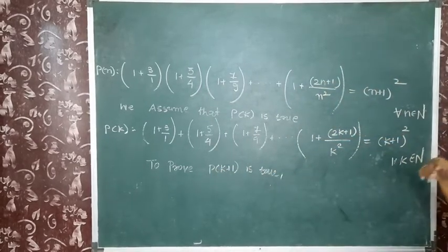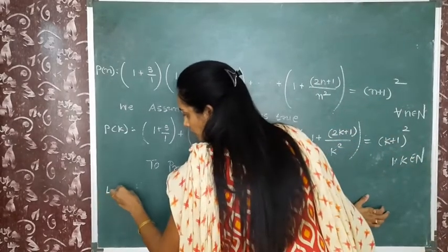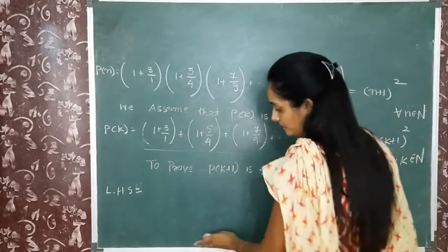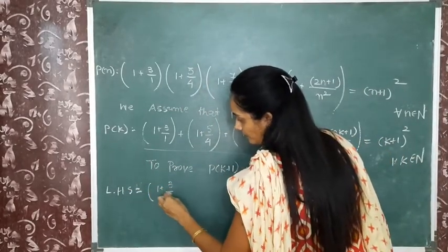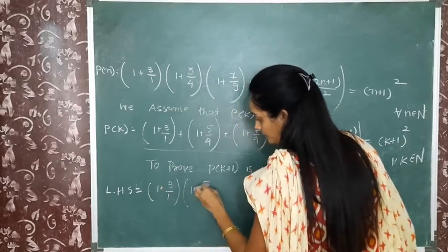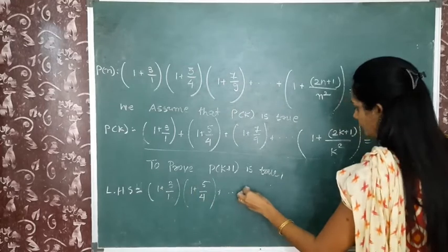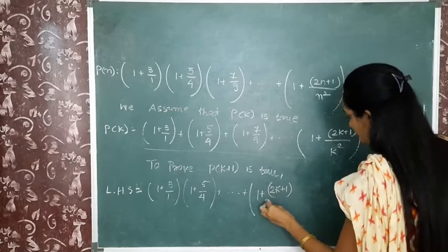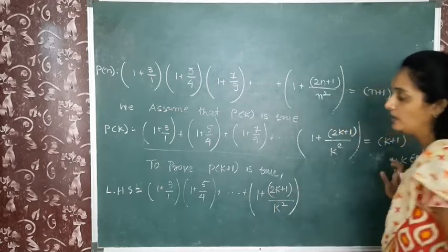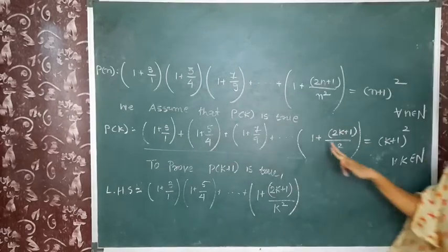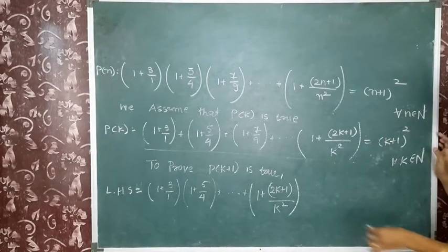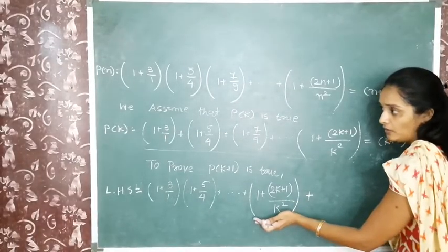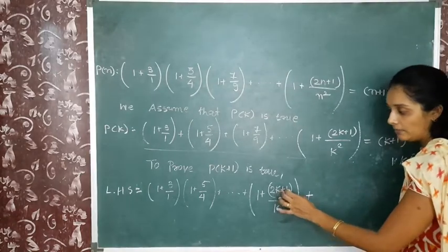we take the left side. So first we have to write down the left side of P of k, and then we have to add one step more, and this step is the last step of P of k, but we replace k by k plus 1.